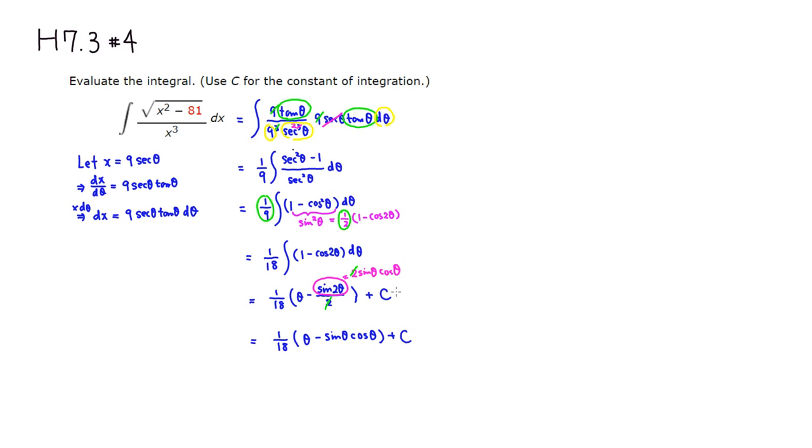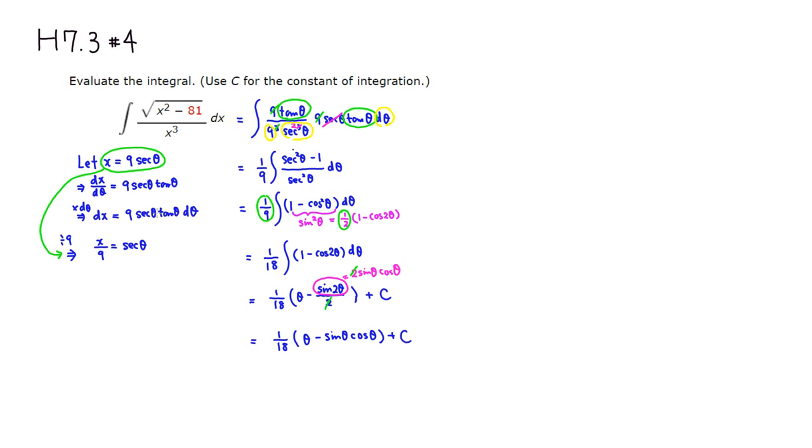So let's start rewriting. I'm going to work with this substitution equation here. I'm going to go down here since there's some room. I'm going to divide through by 9 so that we know x over 9 is equal to secant of theta.